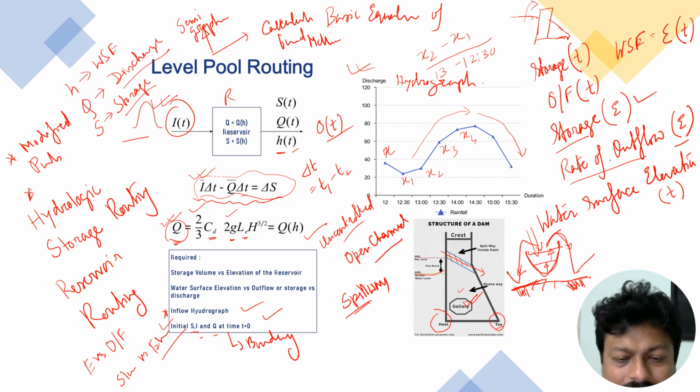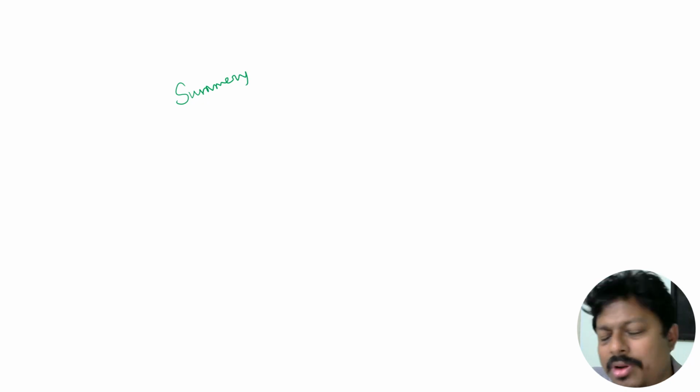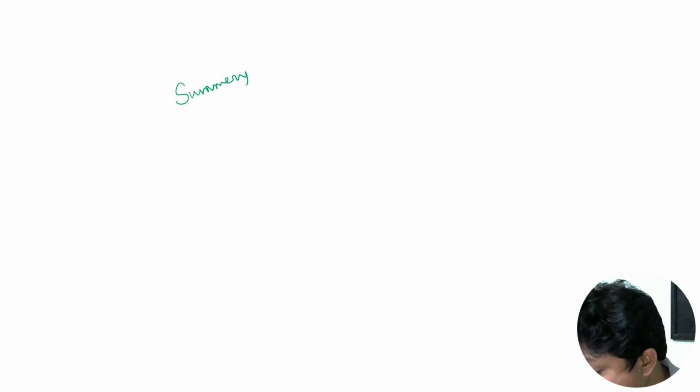So in short, I will give you a recapitulation also. In summary, what I can say about this lecture on level pool routing or hydrologic storage routing or modified pulse routing, that is, modified pulse routing is one of the routing methods under this classification, correct?